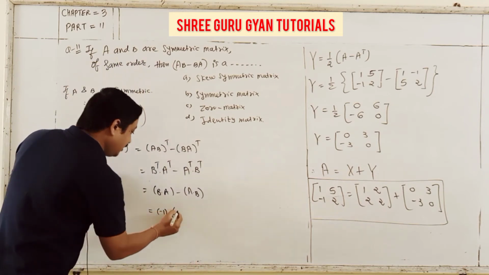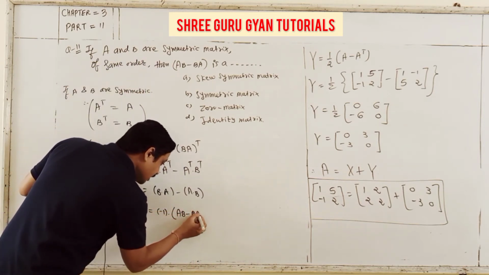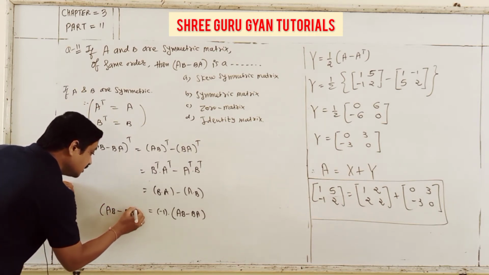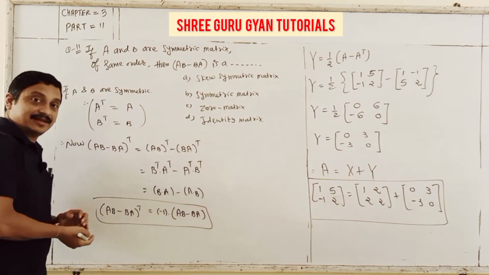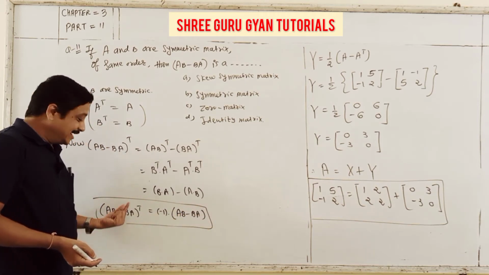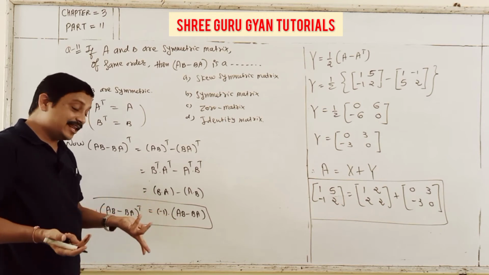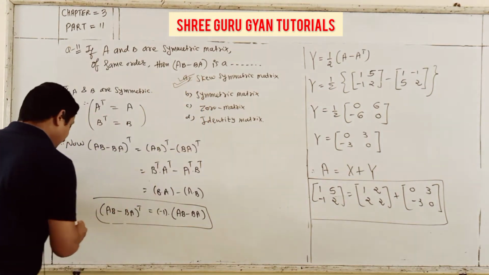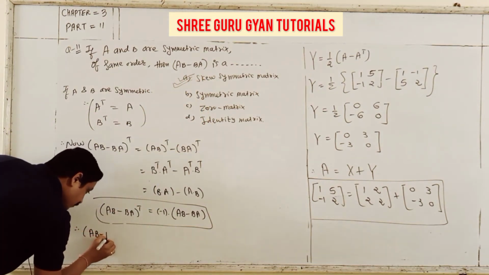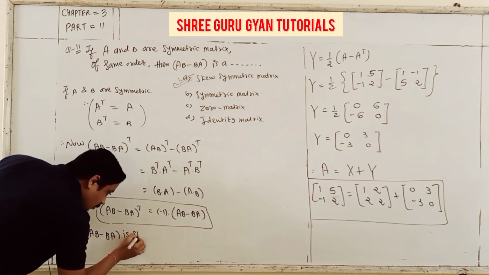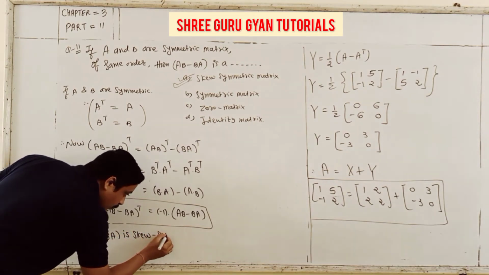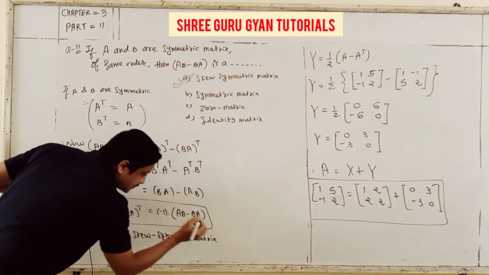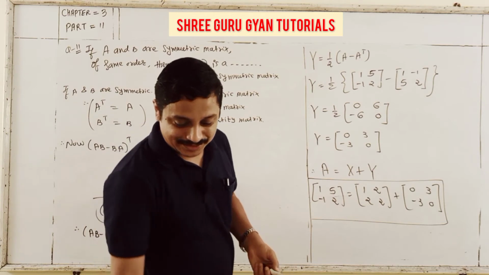So remaining is minus (AB minus BA). When you check, this is fulfilled for the transpose of AB minus BA. Yes, by definition, any matrix whose transpose is the same with a minus carried outside is skew symmetric. Therefore AB minus BA is a skew symmetric matrix, and that's your simple solution.